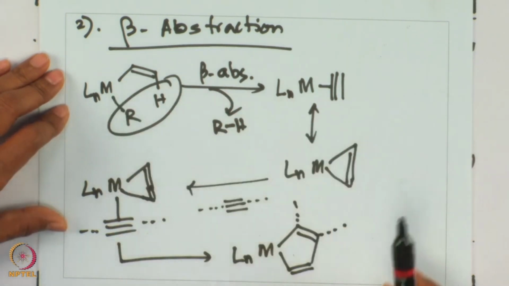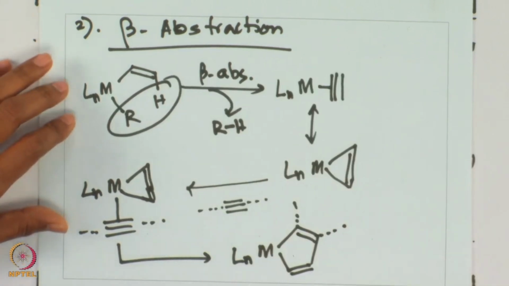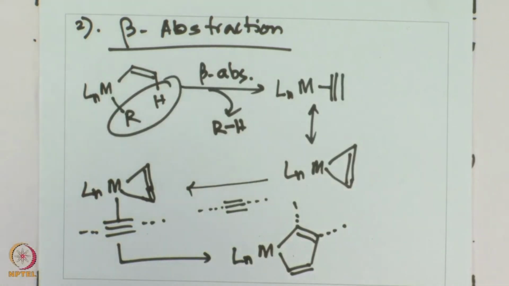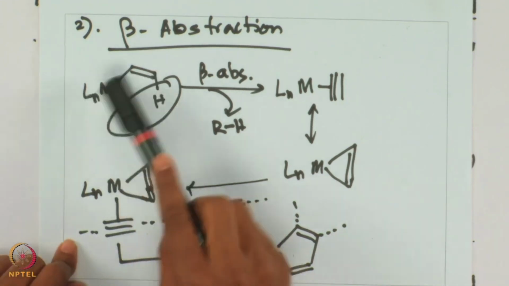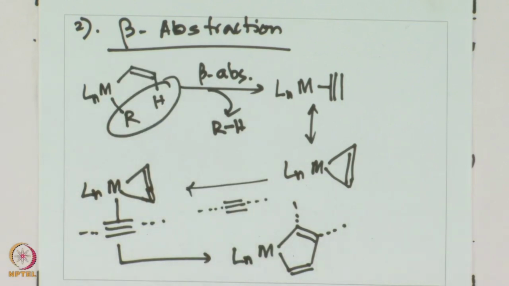So, this is the beta abstraction method, and that is very powerful in delivering the desired compound starting from this ligand metal alkyl and alkynyl intermediate.